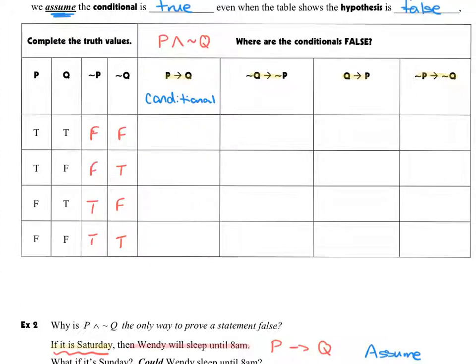The not Q then not P, that's our second one right here. We called this one the contrapositive. The Q then P, we called this one the converse. And the not P then not Q, we called that the inverse.